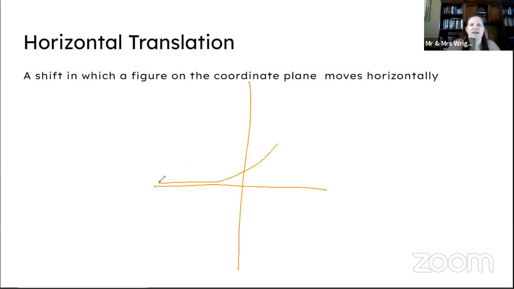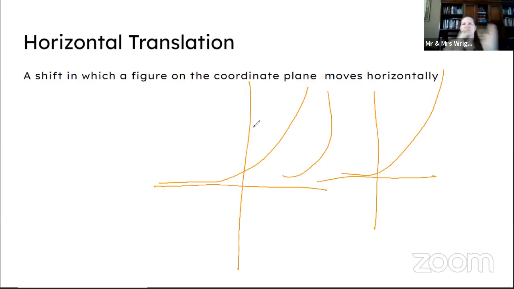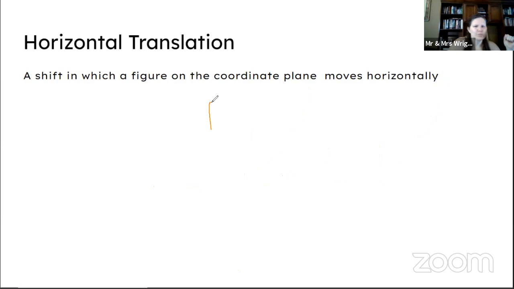Say we have a graph like this. And if it's going to move horizontally, it may end up looking something like this instead, or this. So it just changes places horizontally by scooting to the right or to the left. That's a horizontal translation. It can happen with anything that you've graphed.